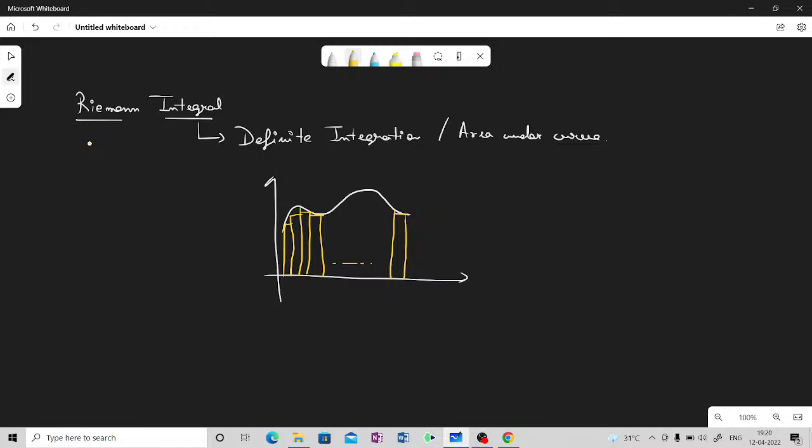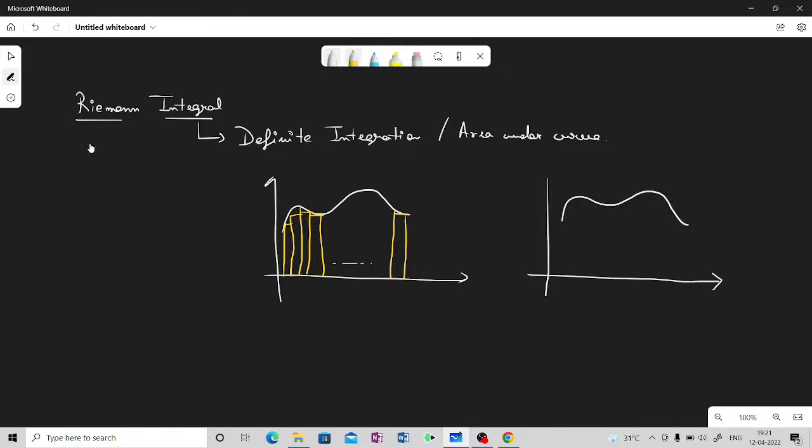So this concept of finding the area under a given curve by finding the area of rectangles is what we use to understand Riemann integral, right? Under Riemann integral, if we take the graphical understanding, suppose you have a curve like this.